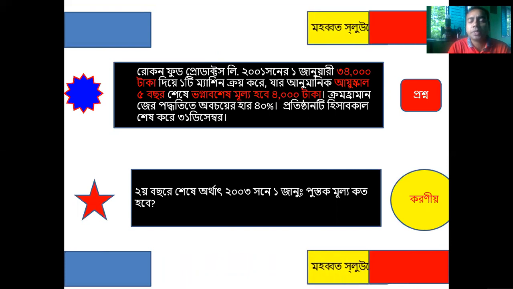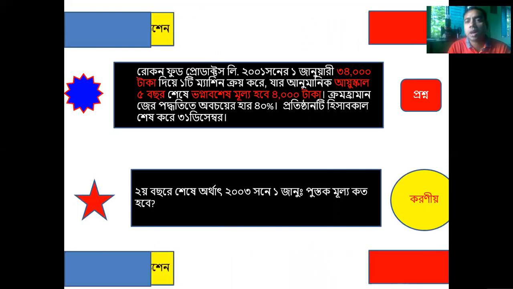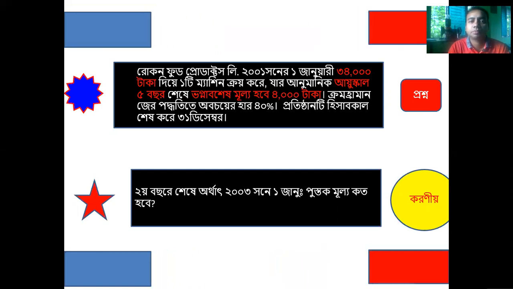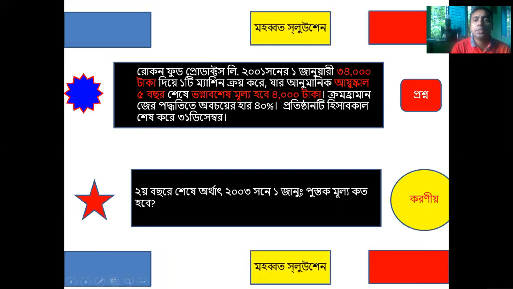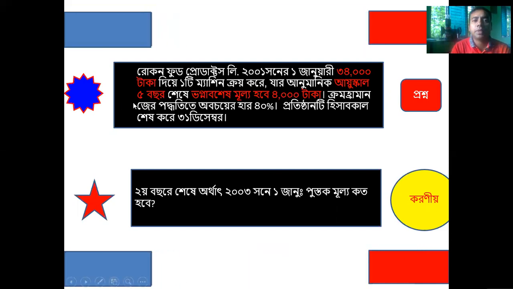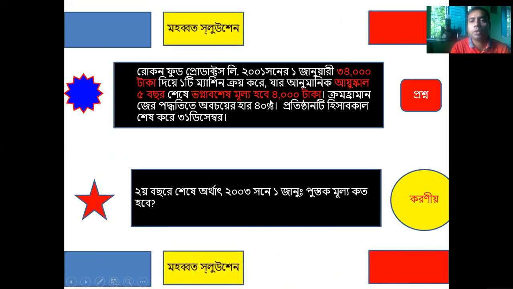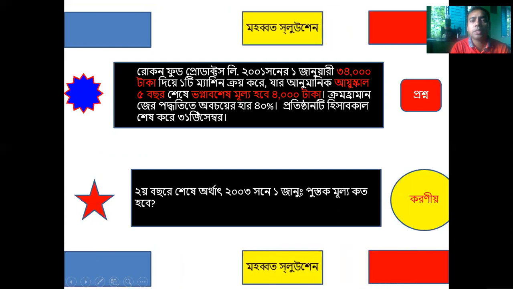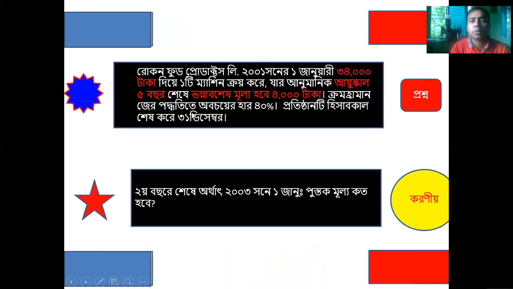Rokon Food Products Limited purchased a machinery on January 1st, 2001, and its estimated useful service life is 5 years. At the end of 5 years, its residual value or salvage value will be 4,000. By using the declining balancing method, you have to solve it.